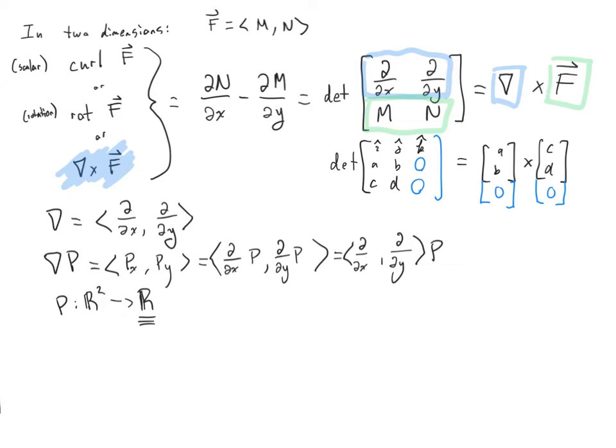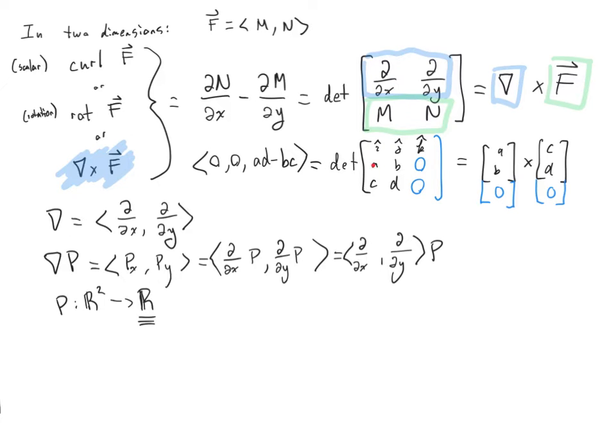If I take this cross product, you'll get a vector whose i component has to be 0, whose j component also has to be 0 because of those two zeros, and the k component is AD minus BC.